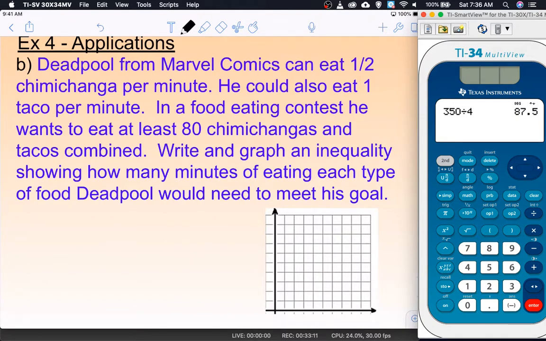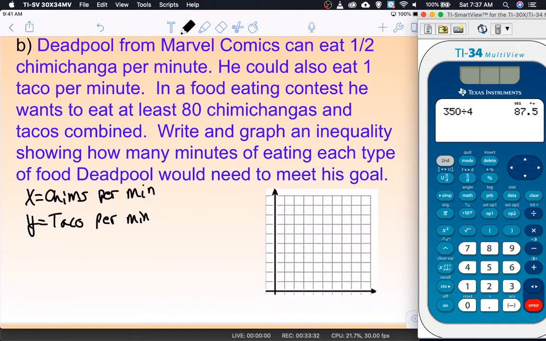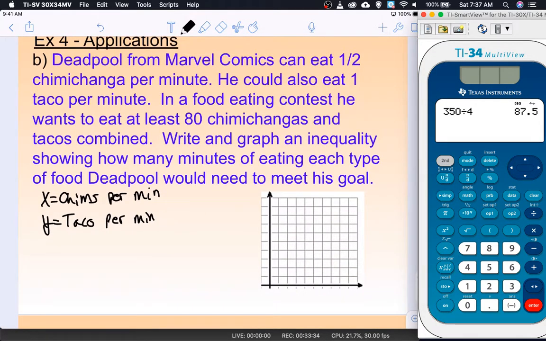So that inequality, to me, I'm going to say x equals chimichangas per minute. Y is equal to the taco per minute. And so my equation would look like this. 1/2 x plus 1y, right?